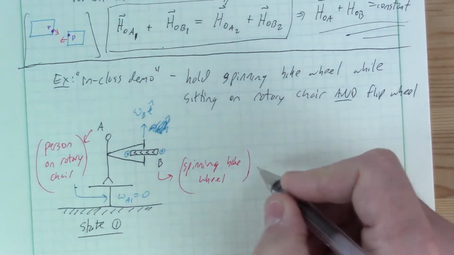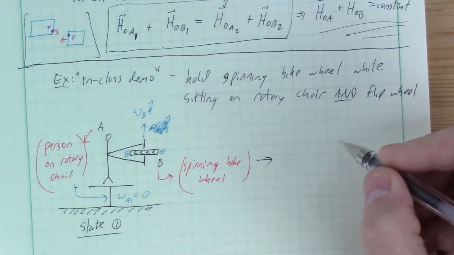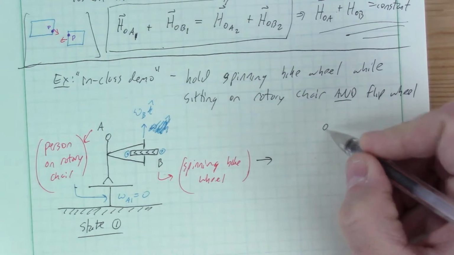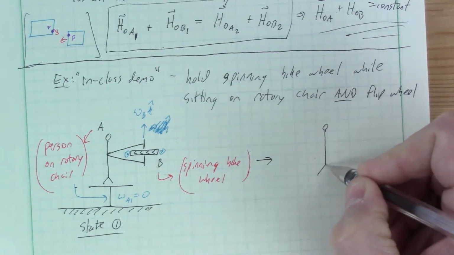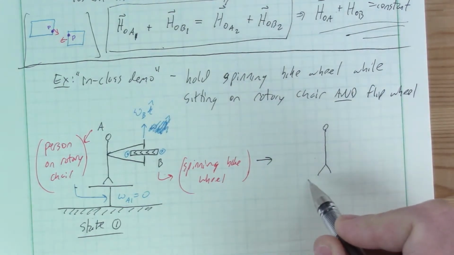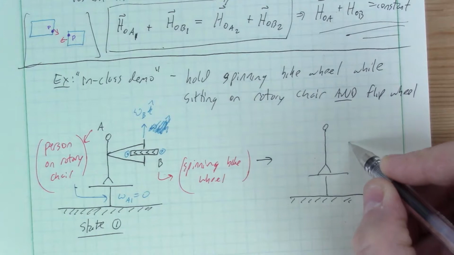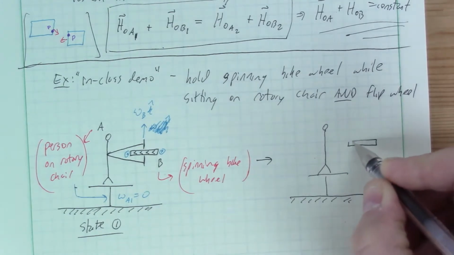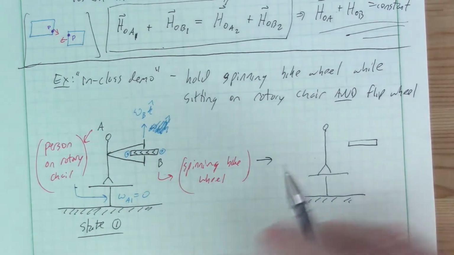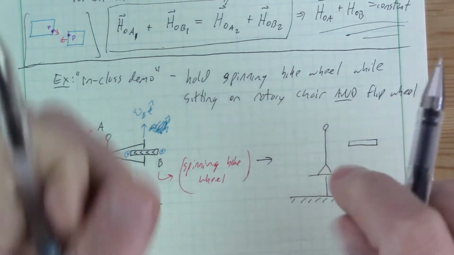Then, at a different state, same person, here's the platform they're standing on that has the ability to rotate. Now they've switched their hands, flipping the wheel over.